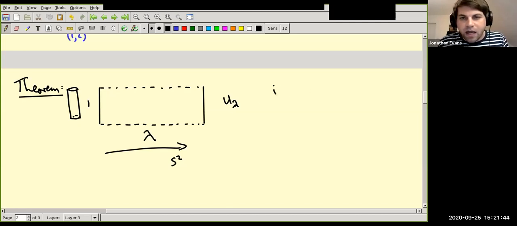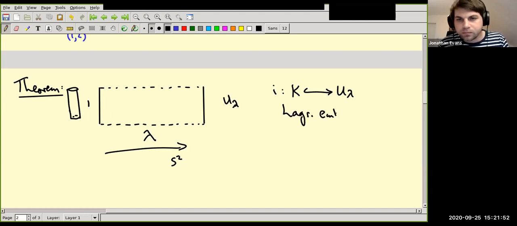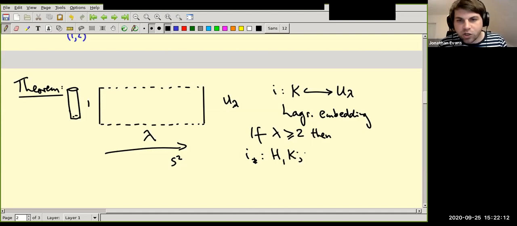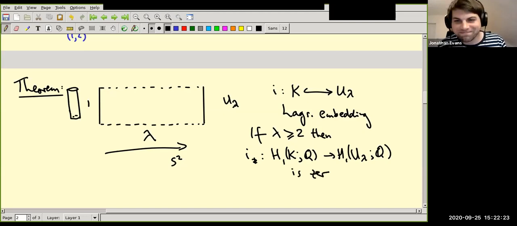So the theorem is: if I have an embedding of the Klein bottle into U lambda, which is Lagrangian, then if lambda is bigger than or equal to 2, because I've cut the top and bottom off, the map i star on first homology with rational coefficients from the Klein bottle into the ambient manifold is 0.